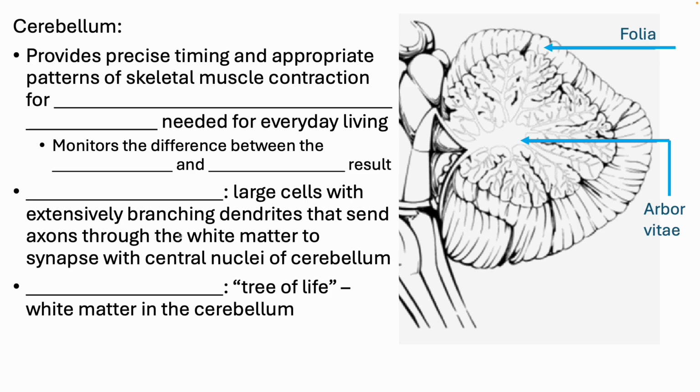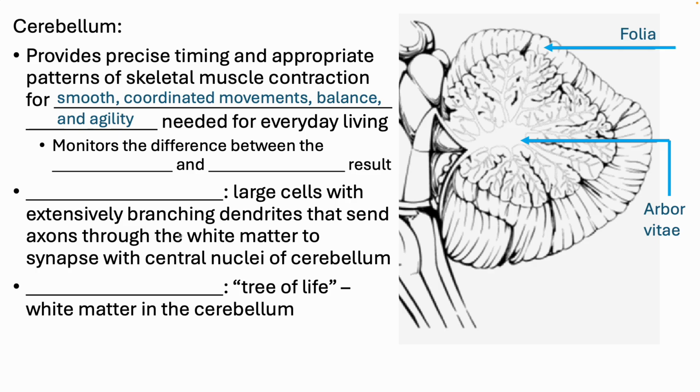This brings us to the cerebellum. The cerebellum is responsible for providing precise timing and appropriate patterns of skeletal muscle contraction. It helps make sure that these are going to be smooth, coordinated movements that are going to help with everyday living.